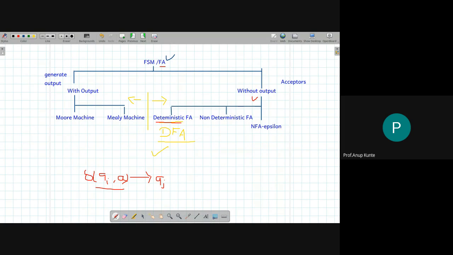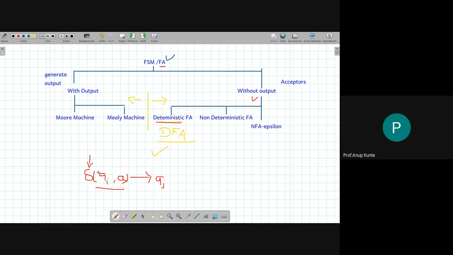So what defines the movement from Qi state to Qj state? The movement from Qi state of computation to Qj state of computation is determined using a function called the delta function. This delta function takes two inputs.